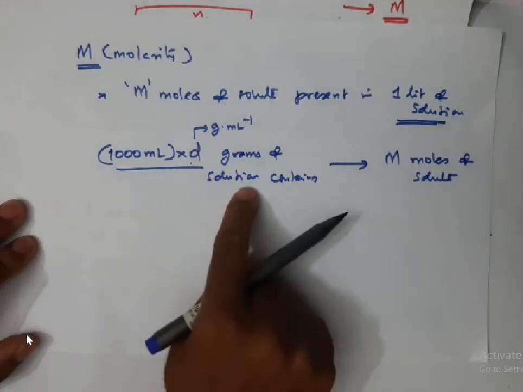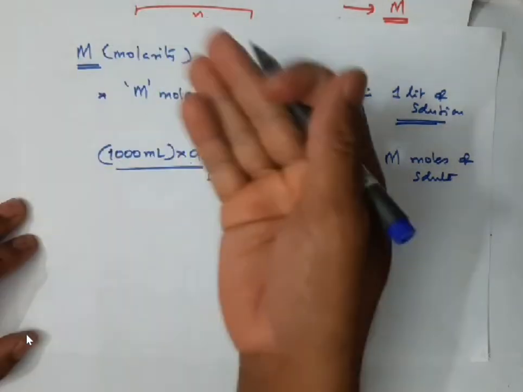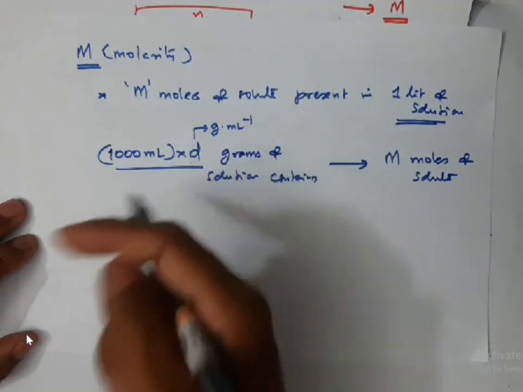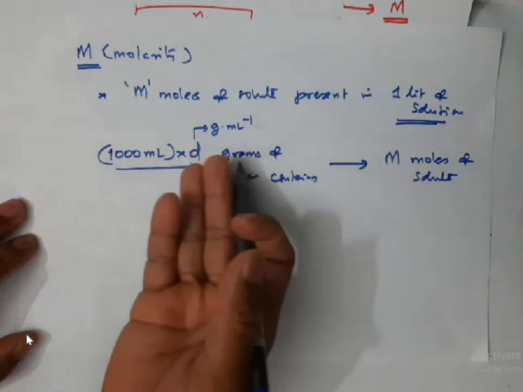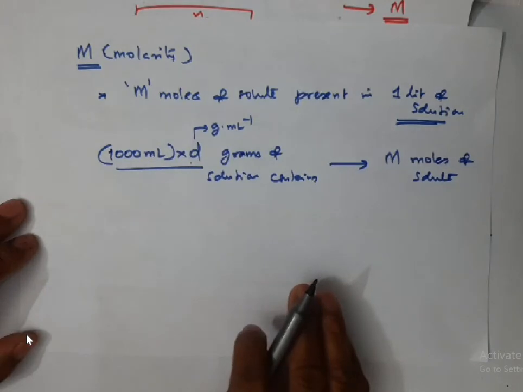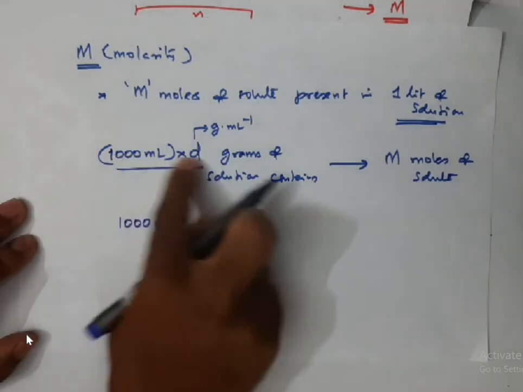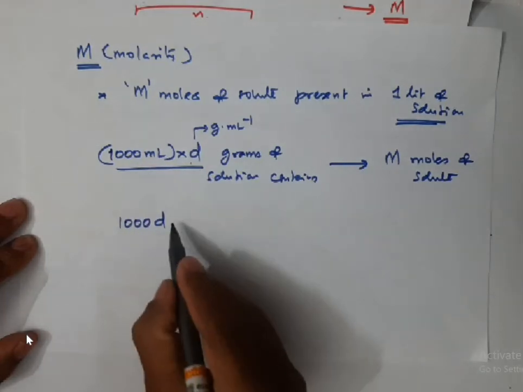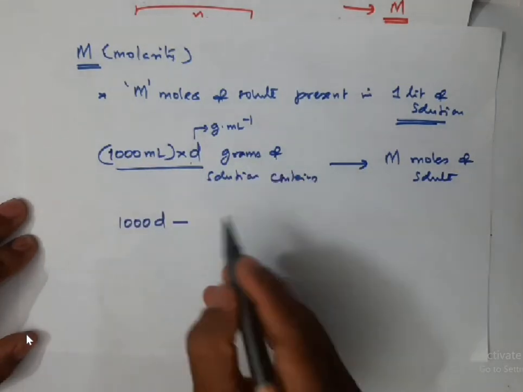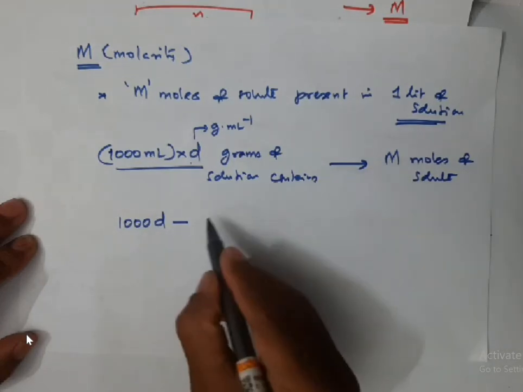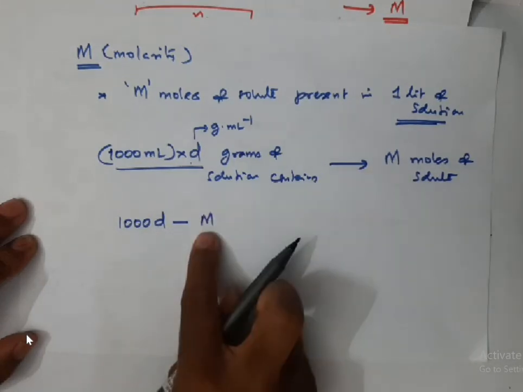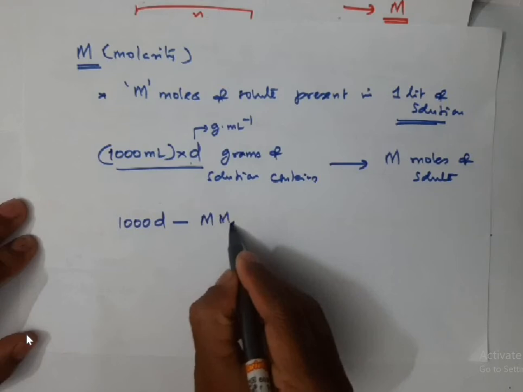This is mass of solution, but for molality we want mass of solvent. So what to do? From this you subtract the mass of solute. So 1000 into density minus, what is the mass of solute? Very simple, number of moles, M is the number of moles here, into molar mass of solute.